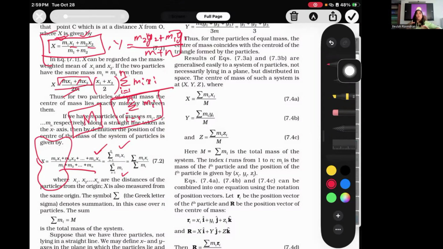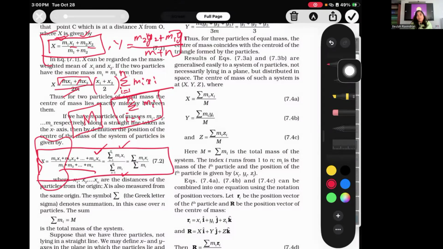Okay. Suppose you are having a box of matchsticks, with n number of matchsticks. That will be a discrete number, 50 or 100 or 70, like that. If you have that particular system, then you have to use this formula.